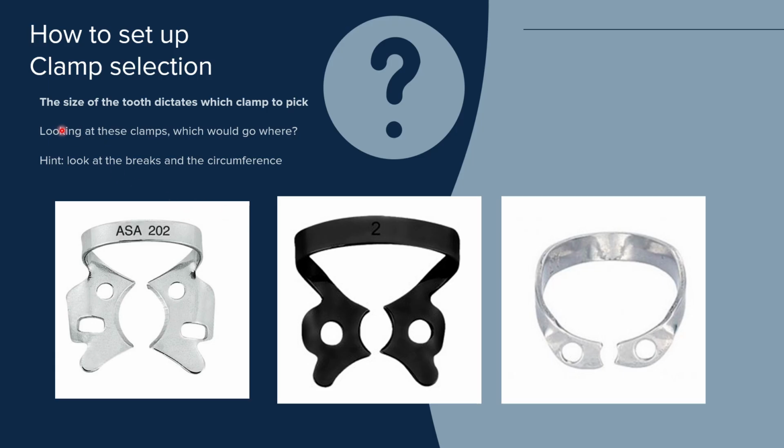The size of the tooth dictates which clamp we're going to pick. Looking at these clamps, which would go where? Hint, look at the beaks. This is the beak, and look at its circumference. You can see from here to here, that's quite long in distance.